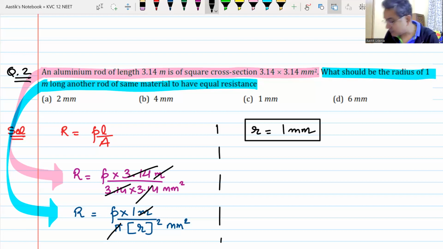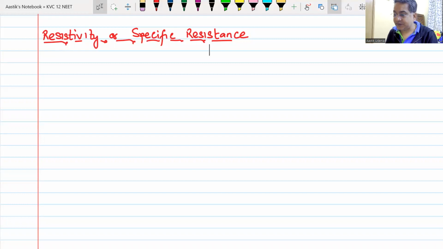Okay, we move ahead and we write the next heading, which is known as resistivity, or sometimes we can also call it specific resistance. Everyone has noted down this question, yes or no? Yes, sir. Good. So we move on to the next thing, which is known as resistivity or specific resistance, rho.